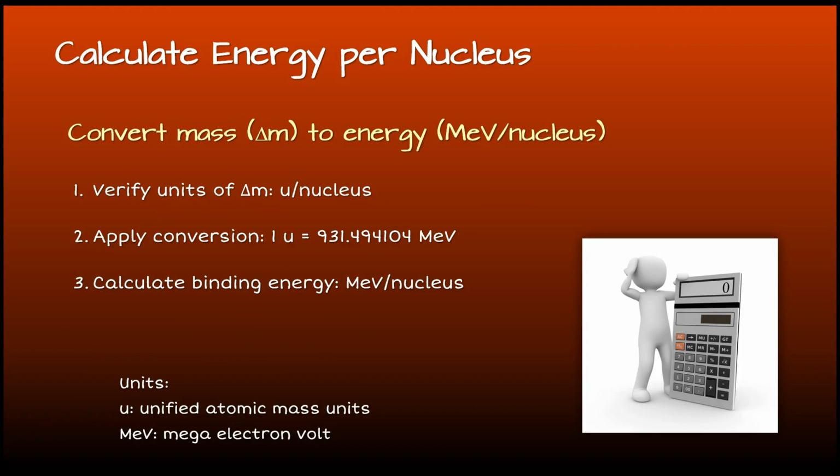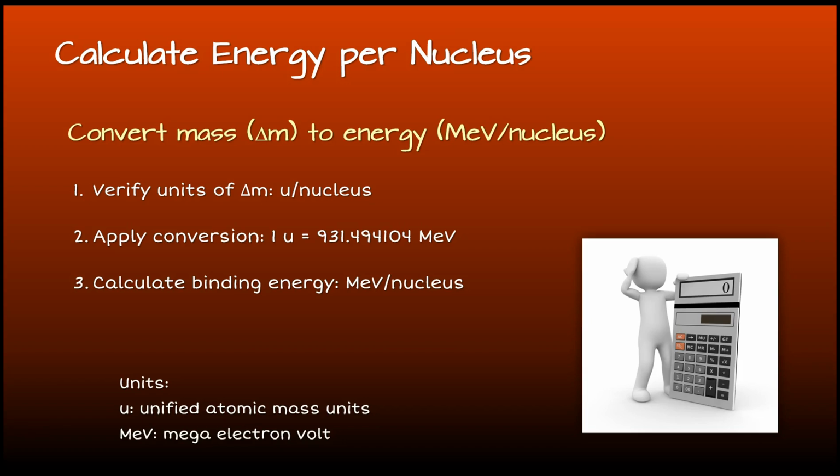The next part is to convert mass defect to binding energy. Our specific example in this video is to end up with units of MeV per nucleon. The easiest way to do this calculation is to have delta M in units of unified atomic mass units, or u, because then we can apply a one-step conversion which relates mass in u to energy in MeV, or mega electron volts.